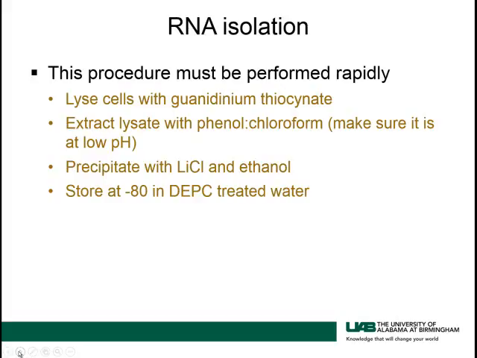Again, anything that is treated with DEPC must be autoclaved, and when you autoclave it, the DEPC is converted to ethanol and carbon dioxide, so you remove it by autoclaving. So that gives you an idea of how difficult it is to work with RNA, and a very generic procedure for RNA isolation.